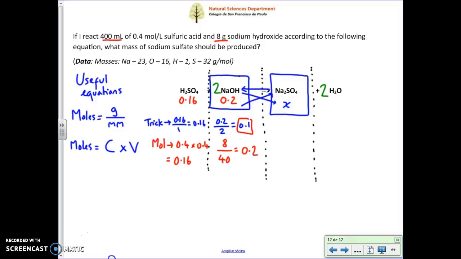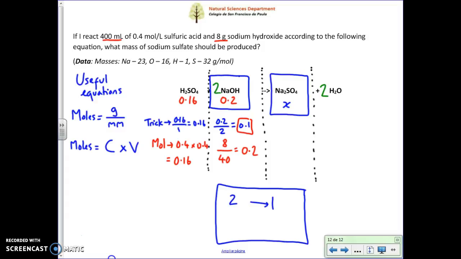For the rule of 3, let's go back. I will rewrite that underneath to make it clear. All I'm worried about is the numbers. So on top, I've got a big coefficient of 2 sodium hydroxide, producing a coefficient of 1 for my sodium sulfate.